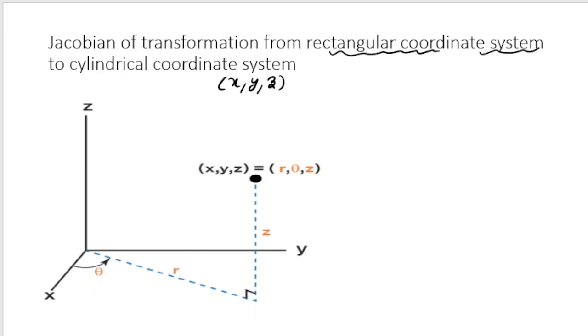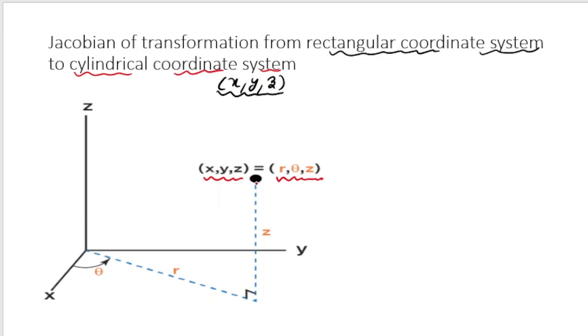Any point in the rectangular coordinate system is represented by x, y and z. But there is something known as the cylindrical coordinate system. So you just can see this picture. In the cylindrical coordinate system, any point x, y, z is represented by r, theta and z. So the z variable remains the same, x, y is changed into r and theta.